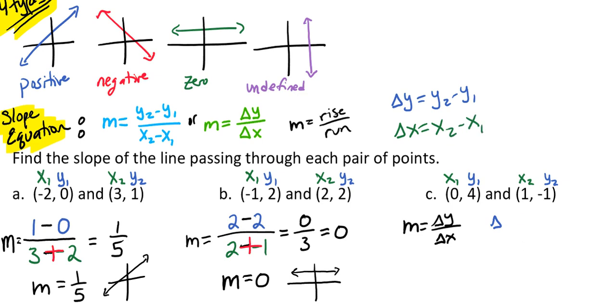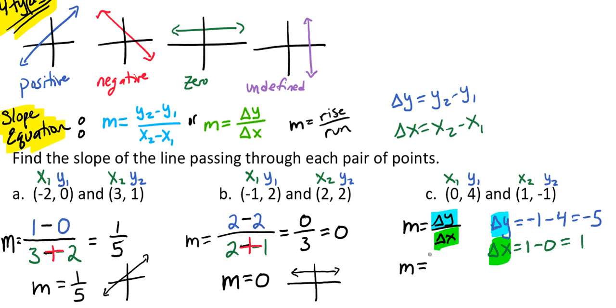All right, so let's go ahead and find our change of y. Here we're going to have our y2 minus our y1, and that's going to give us -5. And then we're going to find our change of x, and that's going to be 1 minus 0. So that's a 1. And now I'm going to stack them, with my change of y on the top and my change of x in the denominator. I'm going to have m equals negative 5 over 1.